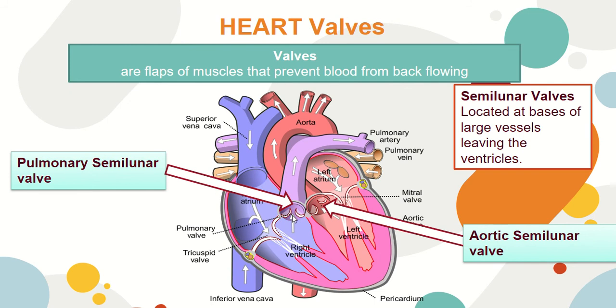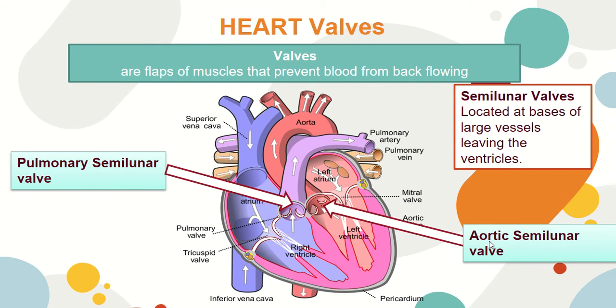This is the pulmonary semilunar valve. The blood goes from the right ventricle to the pulmonary artery, and the valve is between them. That is the pulmonary semilunar valve. So, meaning, once the blood has entered, it will not return.